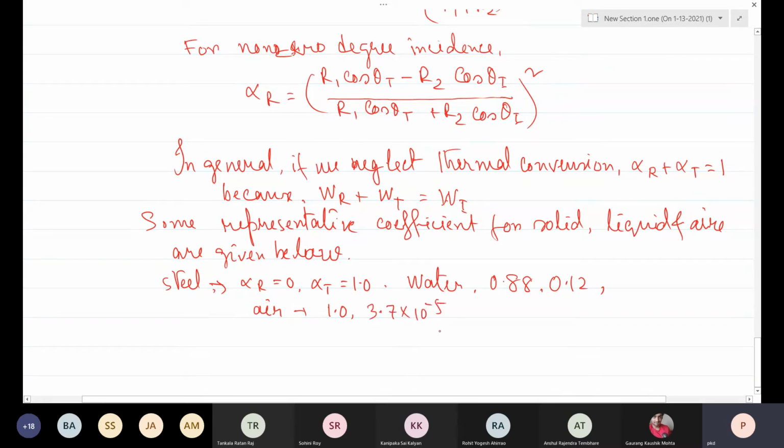So these are the alpha R and alpha T values.